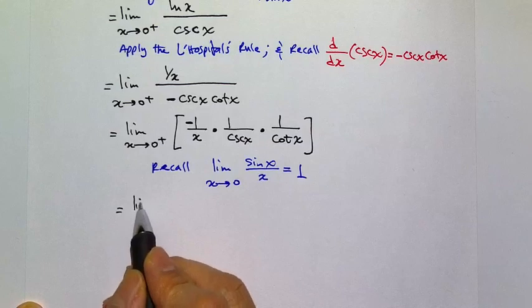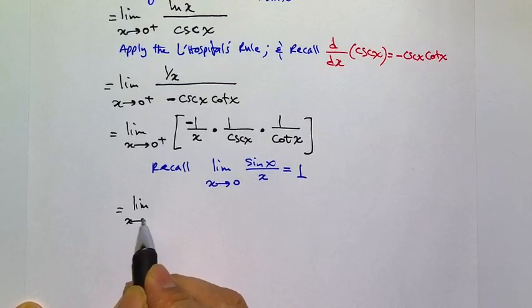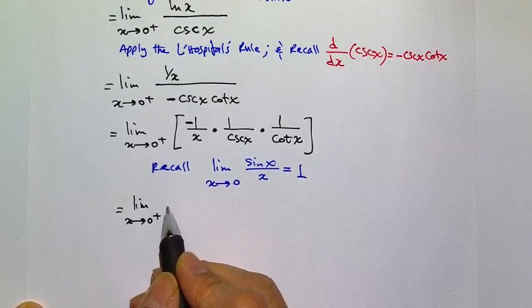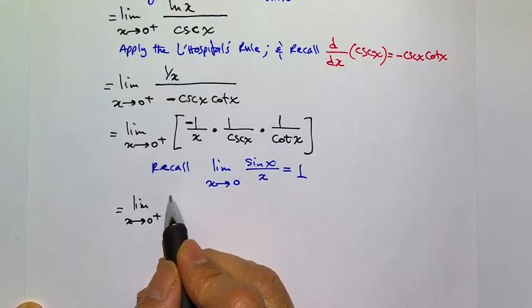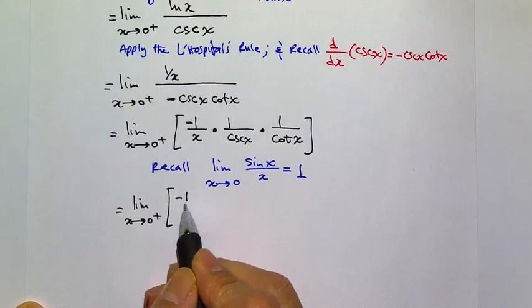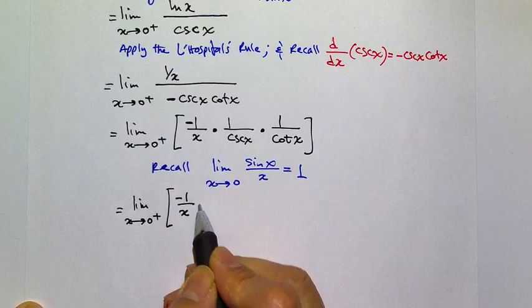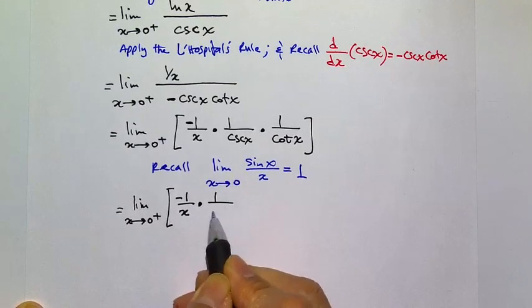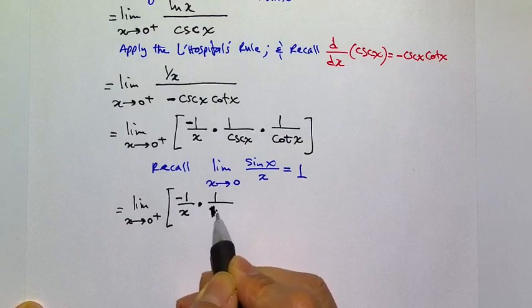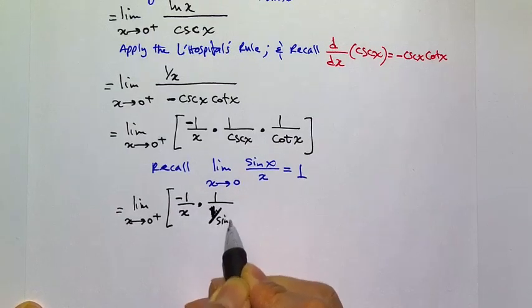So we have the limit as x goes to 0 from the right side of minus 1 over x times 1 over 1 over sine of x.